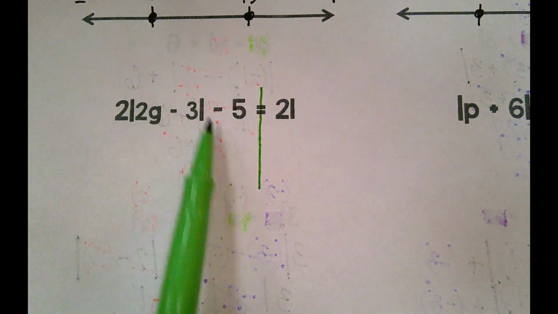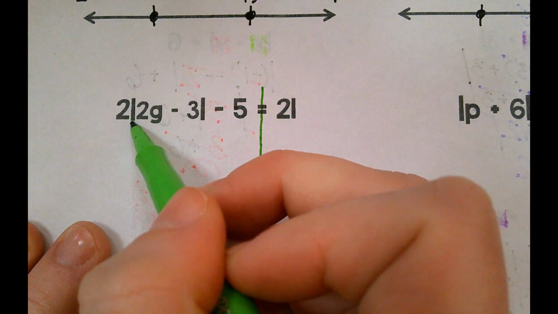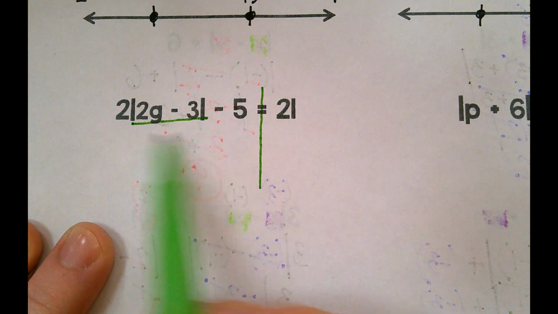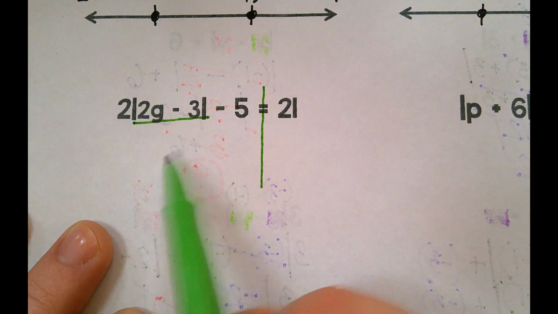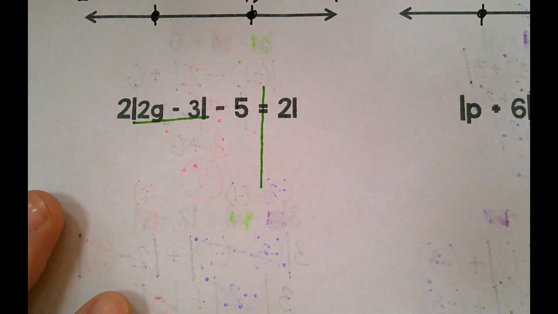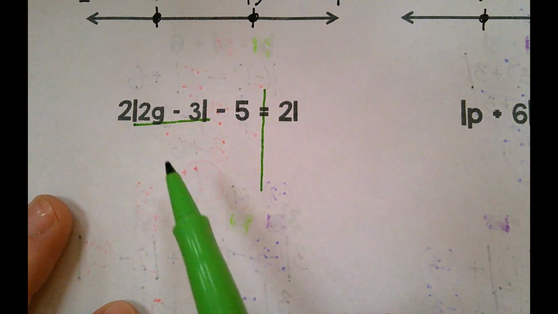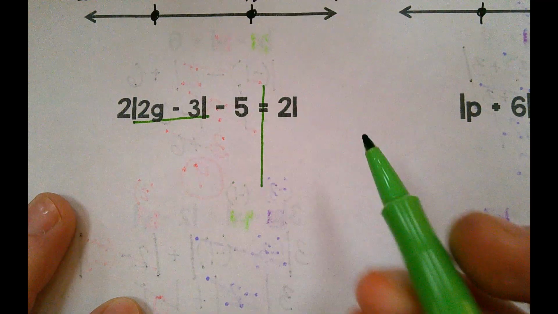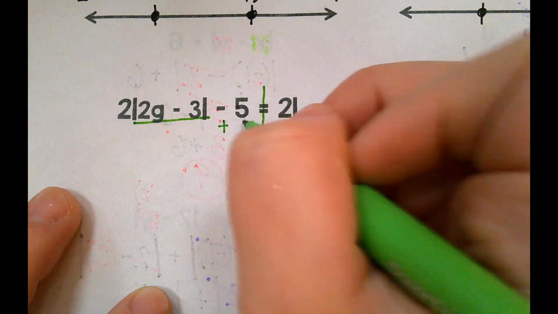We're trying to get the absolute value expression by itself. That's everything in the bars. Would you distribute on that one? Good question. Not yet. We don't want to distribute yet, because it could mess up our answer. First, let's get rid of that -5. We'll do +5.